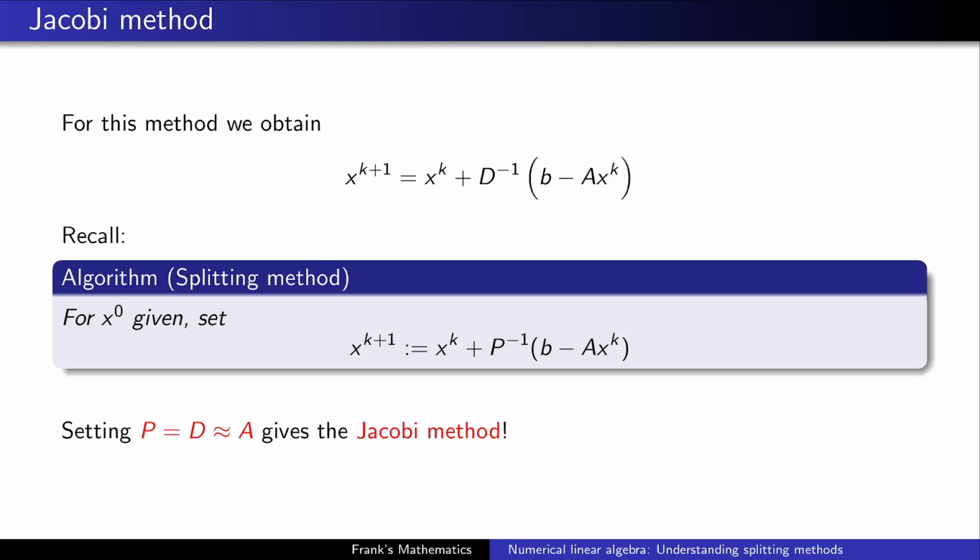The Jacobi method works best if the elements of D are dominating, meaning that the diagonal elements of D are very big compared to the other elements of A. This is called a diagonally dominant matrix, and this is used in the convergence analysis of the Jacobi method. But you can see that the easy choice of P equal to the diagonal elements of A gives a nice method.